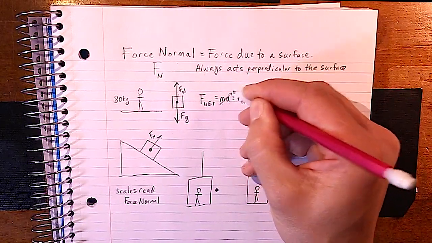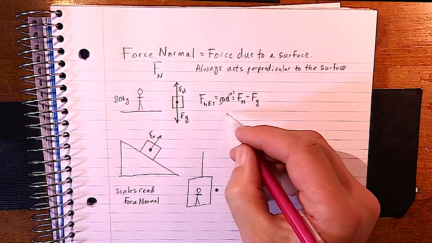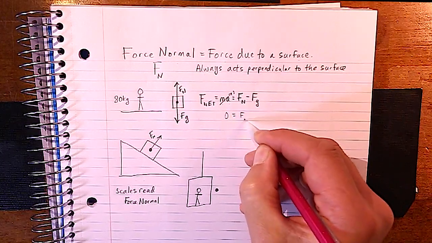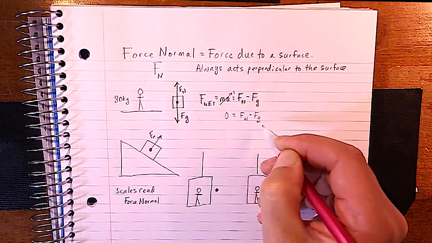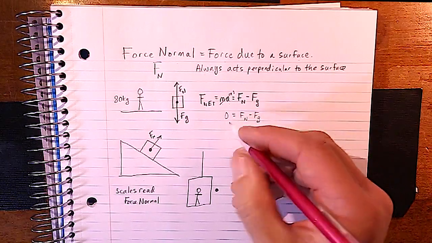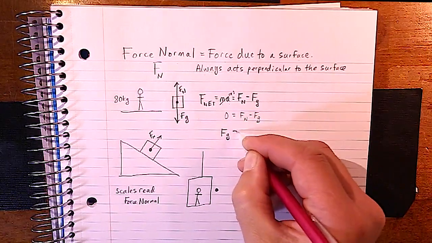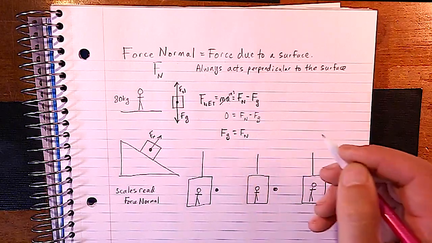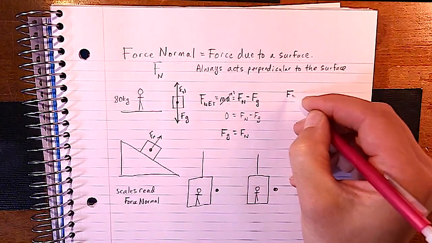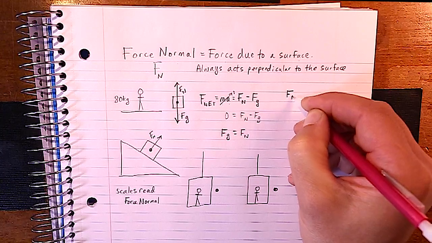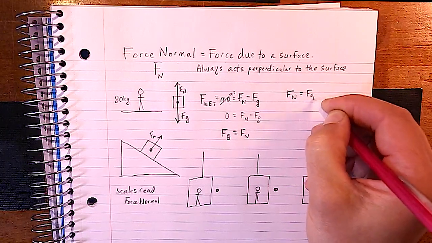So this goes to zero. So then we could say 0 equals Fn minus Fg, and we could bring this Fg to the other side. So we could say that Fg is equal to Fn. So we know now that Fn is equal to Fg.